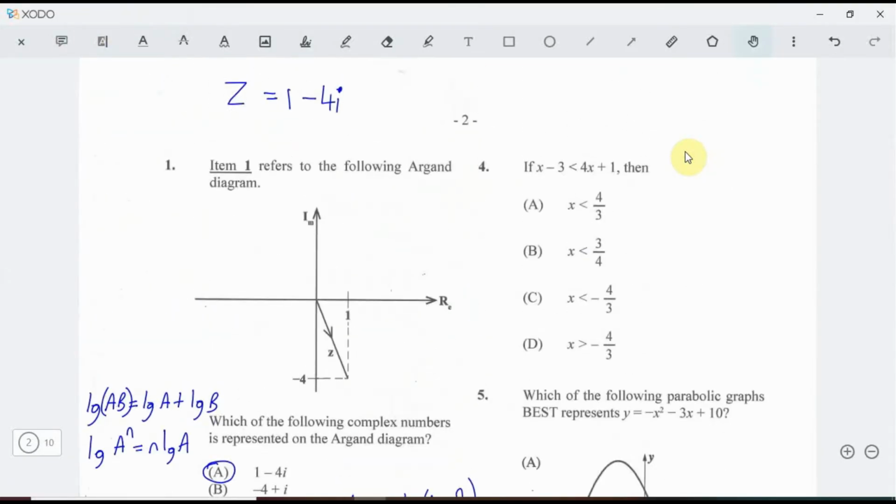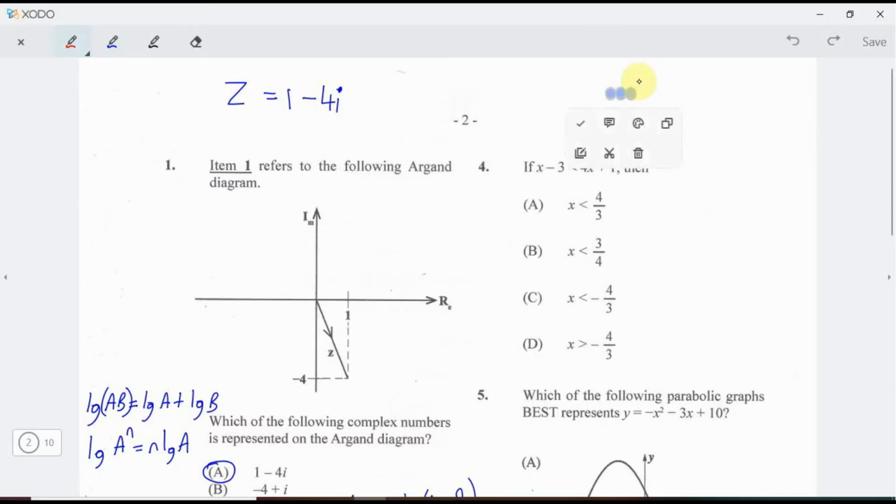Alright, question 4. Question 4 says if x minus 3 is less than 4x plus 1, then, as we can see right here, this is just a linear inequality. So we need to group our x on one side and group the numbers on the other. I'm going to bring my x over to the right side. So if I bring the x over here, I will have negative 3 is less than, bring the x over here by subtracting x from both sides.